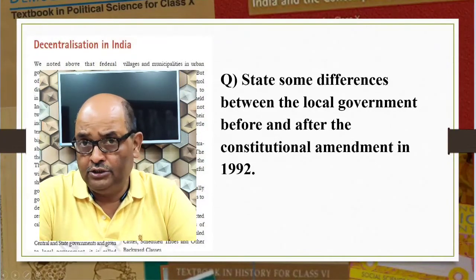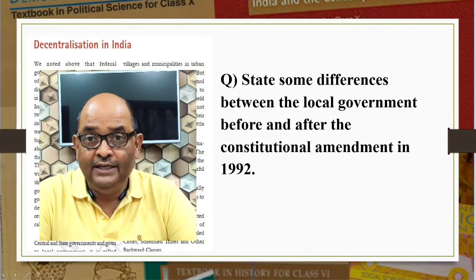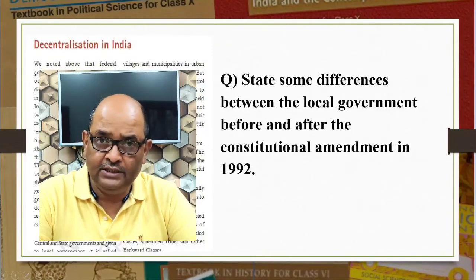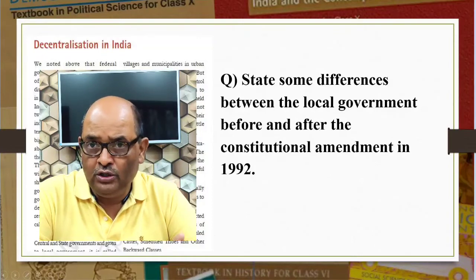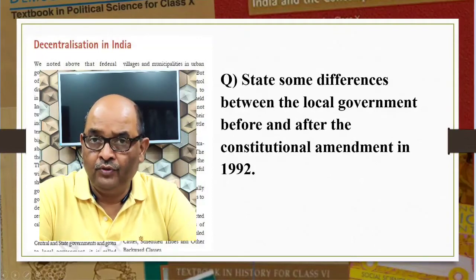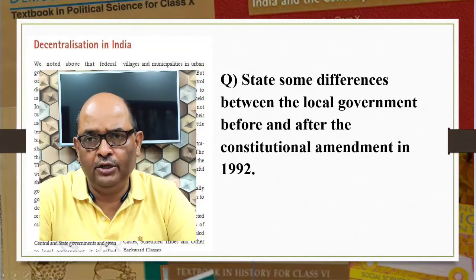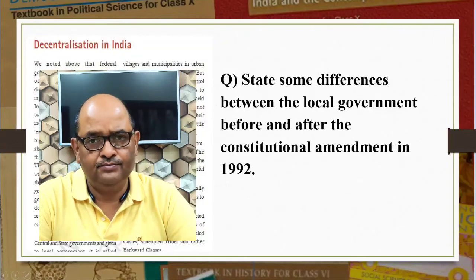In post-1992 period, local governments were set up independent of the state governments. Pre-1992, elections to the local government was not held regularly. Post-1992, it is constitutionally mandatory to hold regular elections to local government bodies.